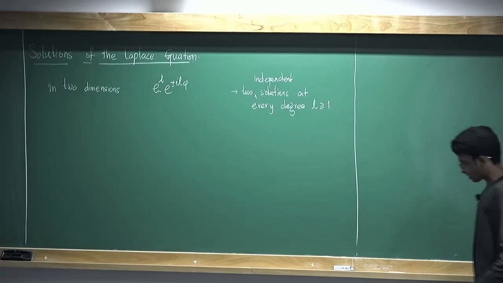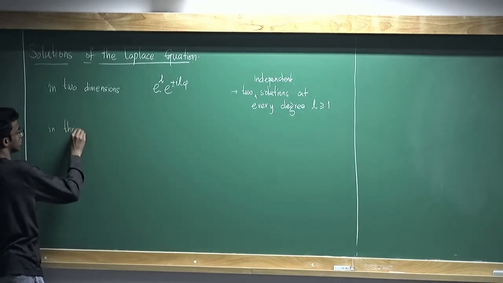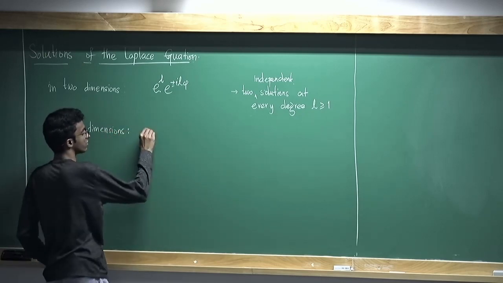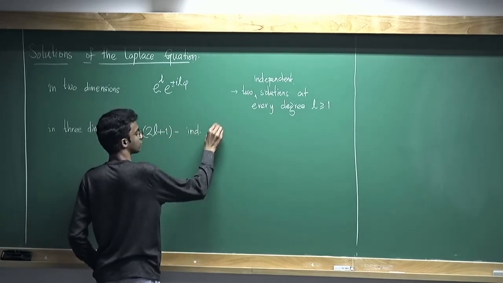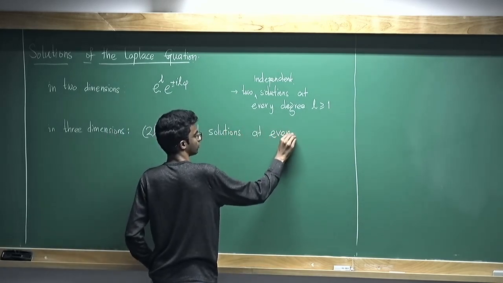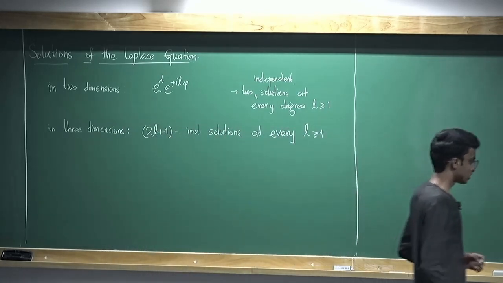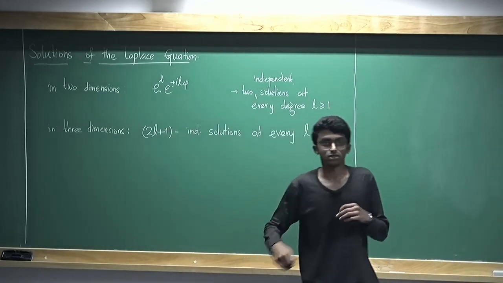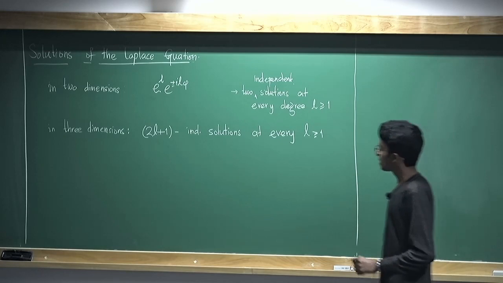Okay. So in 2 dimensions, at every degree L greater than or equal to 1, there are 2 solutions. Now in 3 dimensions, we counted by Bose counting that there are 2L plus 1 linearly independent solutions at every L. But I had noted immediately that these 2L plus 1 linearly independent solutions are the spherical harmonics, but we hadn't derived them.